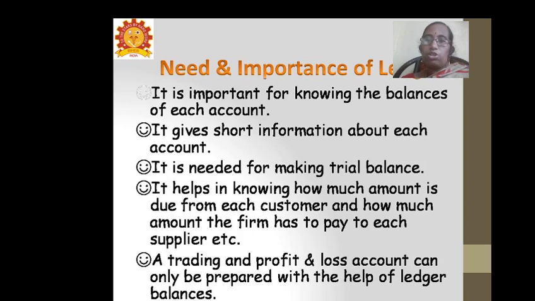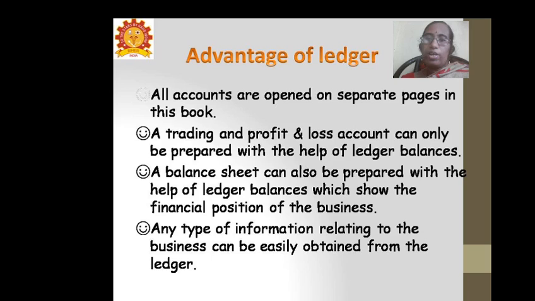After which they move to the next step, the trial balance, and it helps in knowing the amount which is to be received from the customers and the amount to be paid to the suppliers, after which the trading and profit and loss account can be prepared with the help of the ledger. Various advantages of the ledger are there.